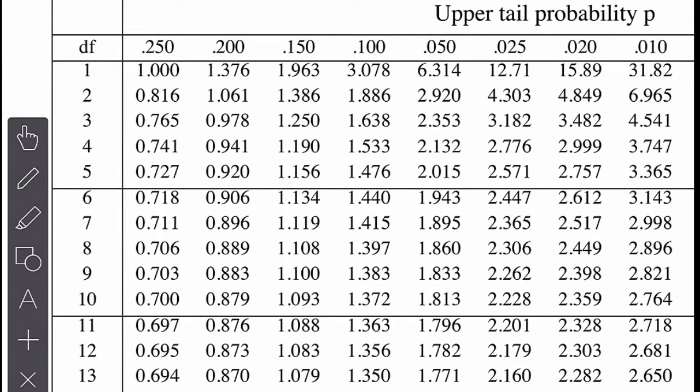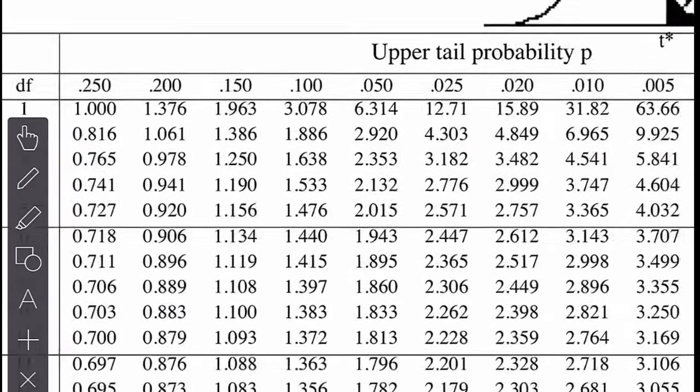The t distribution depends on the sample size. Okay, so it's a distribution for samples. So the sample size is going to determine which row you take. Now you can trust me on this, or you can have a closer look.